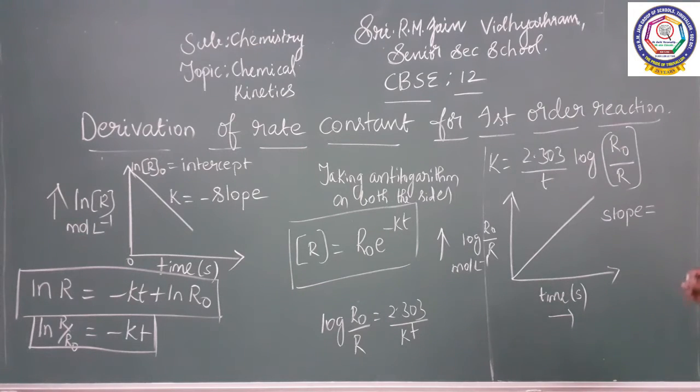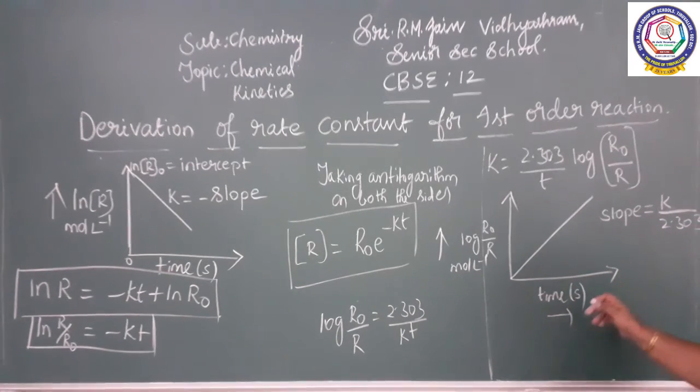So what is that you will be getting? Slope is equal to k divided by 2.303.